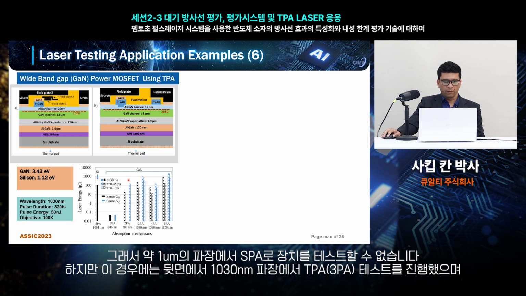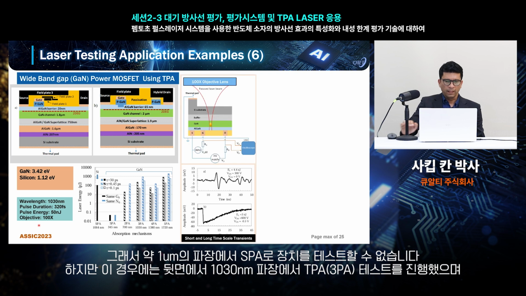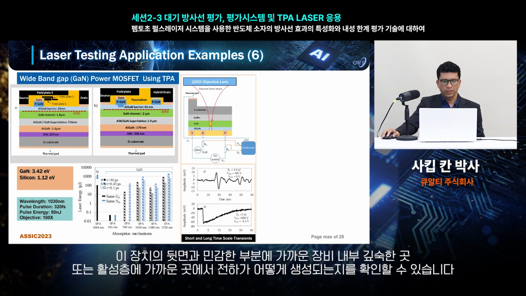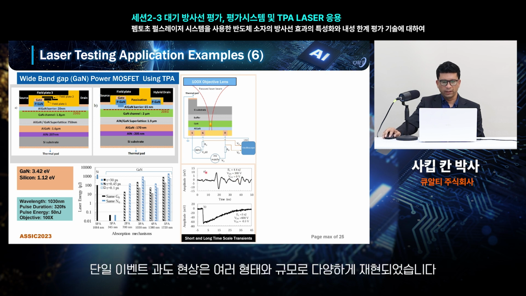But what was done in this case was that the testing was done using TPA at this wavelength, 1030 nanometer, from the backside, and you can see how the charge was generated from the backside of this device, deep inside the device, close to the sensitive volume or close to the active layers, and different single event transients were reproduced of different shapes and different magnitude.